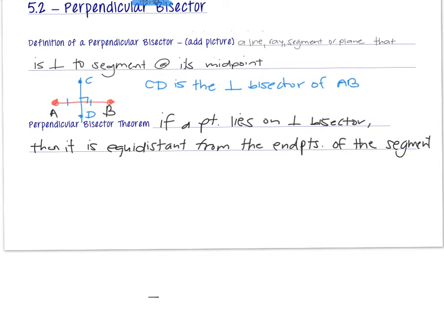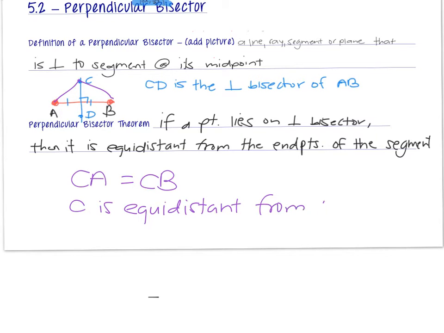So if I use the diagram that's already there, I can say that CA is congruent to CB, or C is equidistant from A and B. What other point is equidistant from A and B? D, good. Any point that lies on that perpendicular bisector.